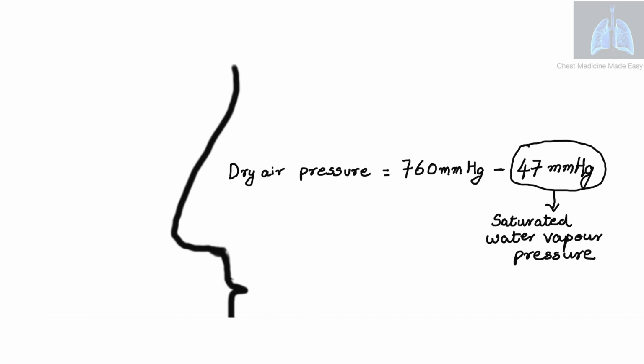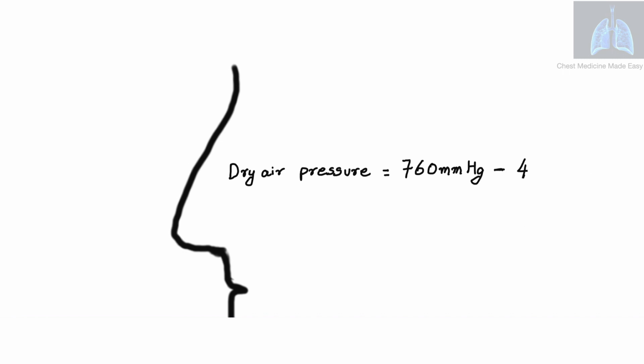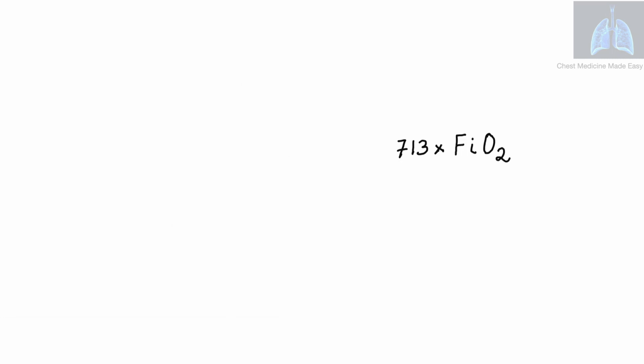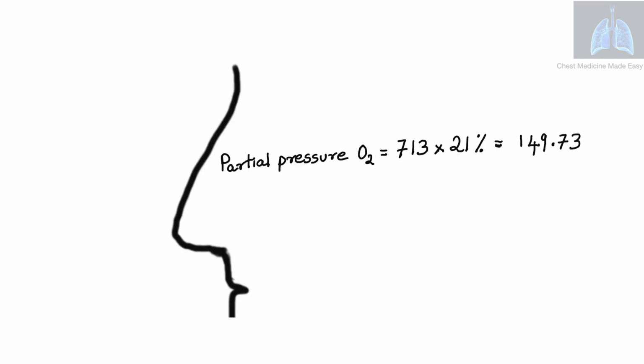So the pressure after the air enters the nose is 713 millimeters of mercury. Now, the partial pressure of oxygen when the patient is breathing in air is 713 multiplied by 21%, which is 149.73.